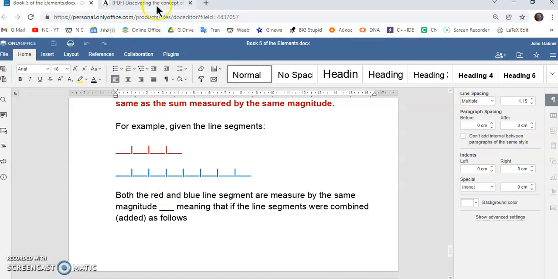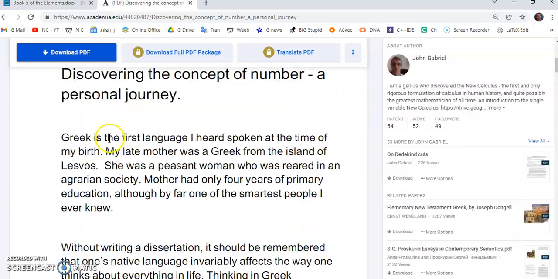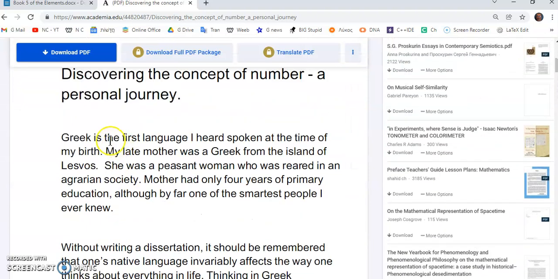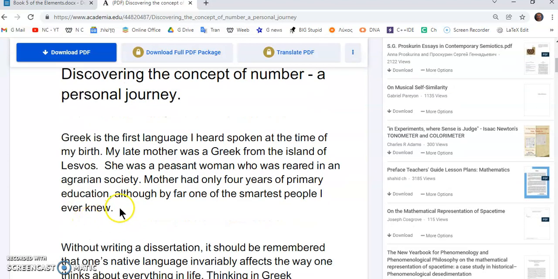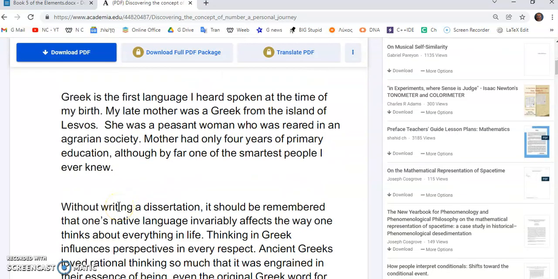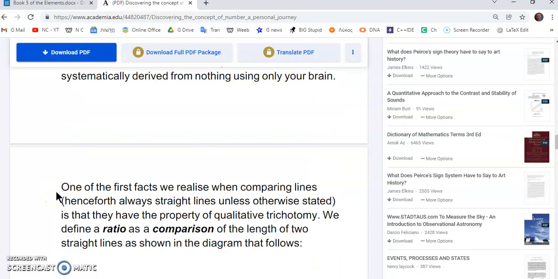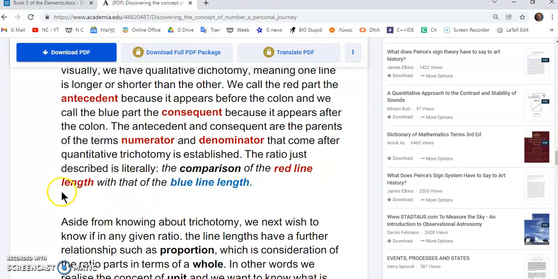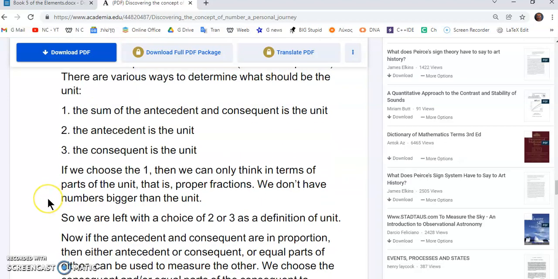But in the meantime, I would strongly advise that you read this article, to which I'll place a link in the details section, on how I discovered the concept of number. It's not a long article, about 8 pages, I think, and I discovered this long before I even read Euclid's Elements. Not surprisingly, it turned out to be what Euclid was saying, and stated even better than Euclid himself could state it.